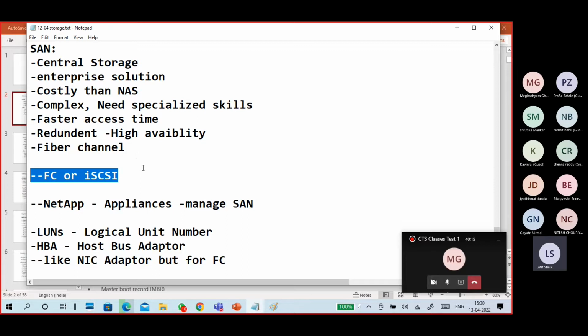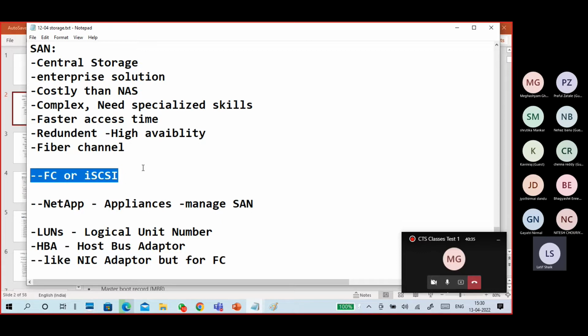It is redundant and a highly available service. It means we use a mesh type of setup, where each device is connected to other devices, and a storage replica exists: the data stored in one storage is also stored in another storage bay.